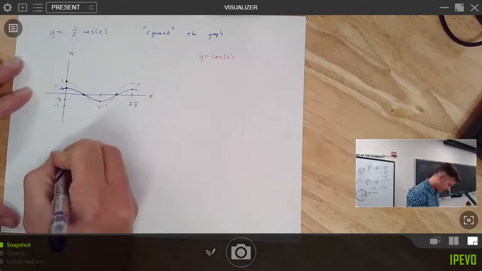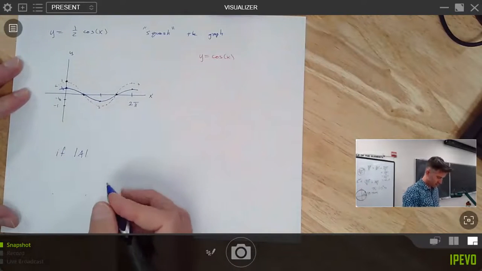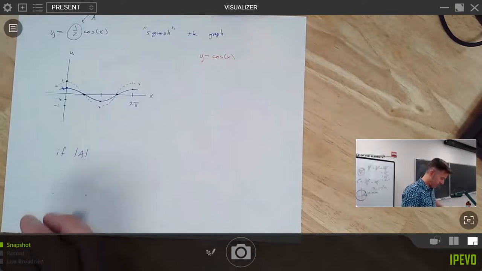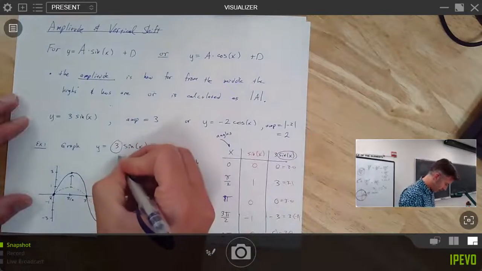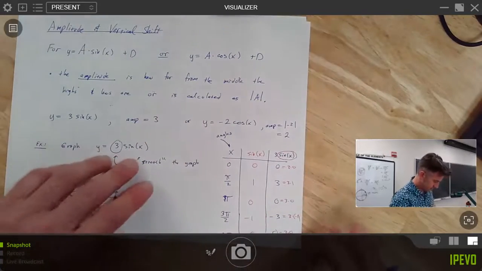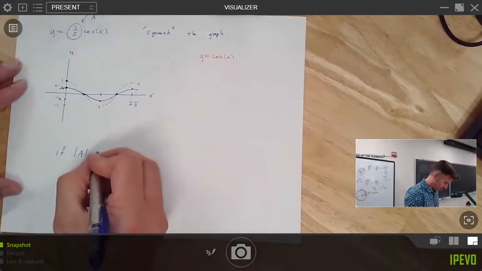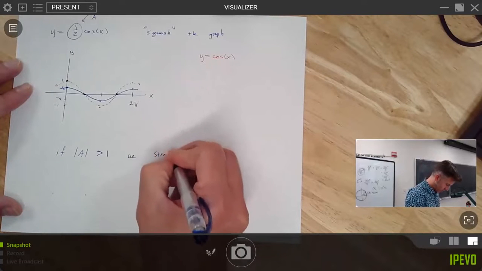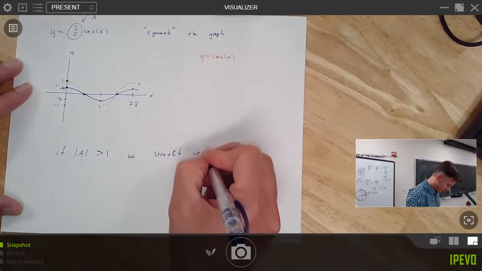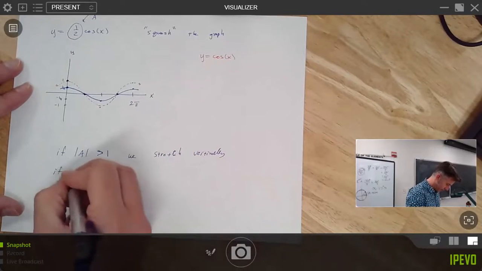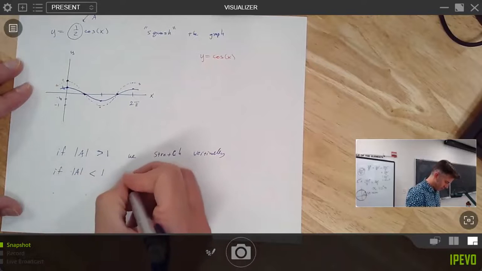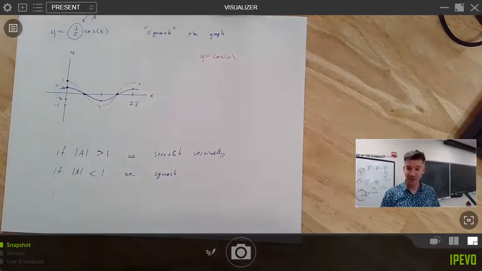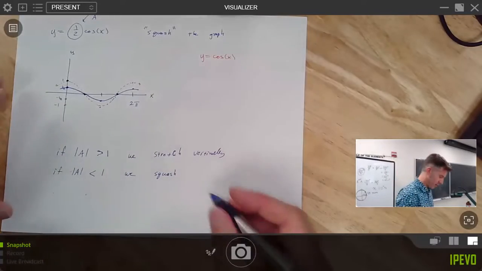If the absolute value of A, which is the coefficient, that's our A in the previous problem, is larger than 1, we stretch vertically. And if the amplitude is less than 1, we squash. Or some people use the more technical term compress, but saying squash is way more fun than saying compress.